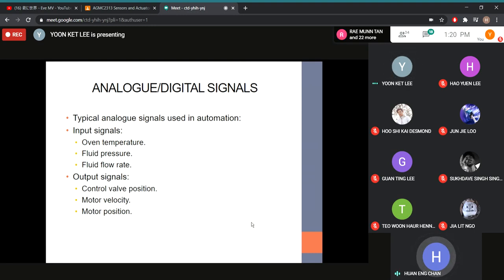Input signal, for digital, maybe like a mouse click, because it's a button. This is an input signal. How about the digital output signal?